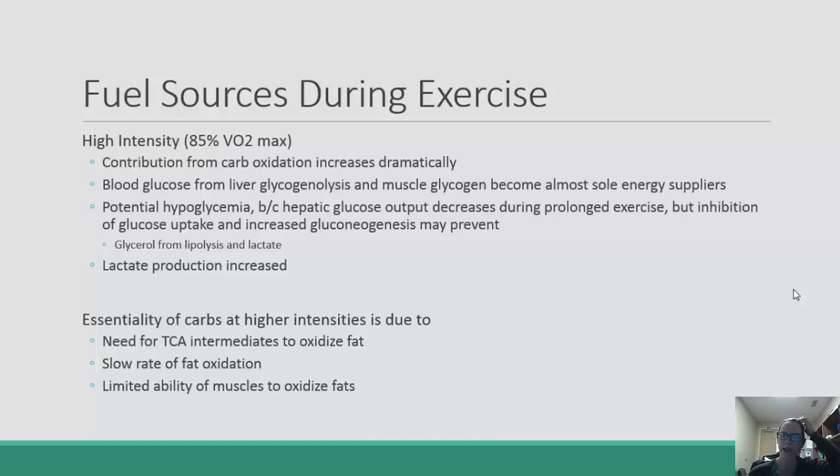Even though we have decreased glucose output from our liver because we're tapping all of our glycogen stores, at this really high intensity, extensive level of exercise, we have the ability to inhibit glucose uptake and increase gluconeogenesis in order to prevent this hypoglycemia. In trained individuals, we would not necessarily have this effect.